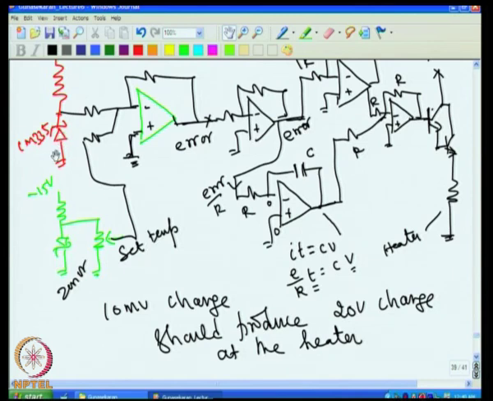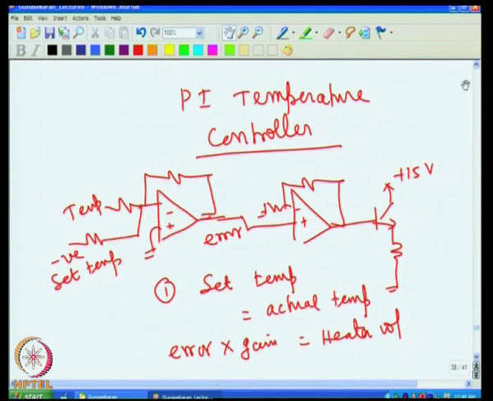That means, if I want a temperature gain of 100, then 1 degree change should produce a voltage change corresponding to 100 degree change. That means, 10 millivolt change should produce 20 volt change. This works out to 2000 gain. So, that means, electronic gain required is 2000.